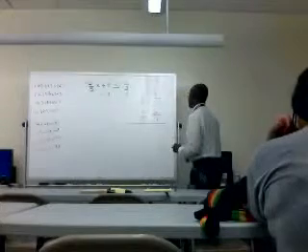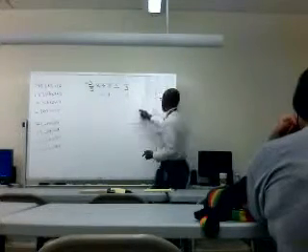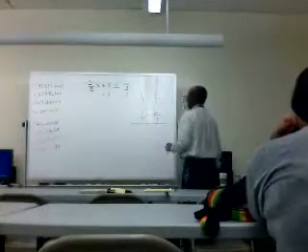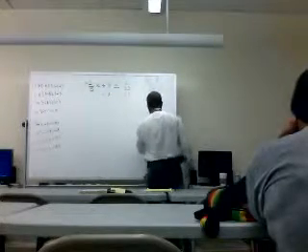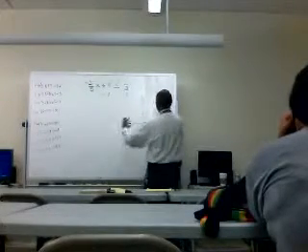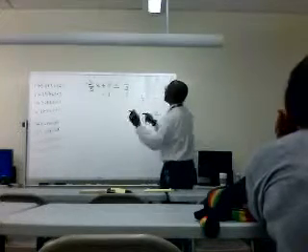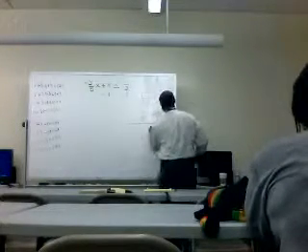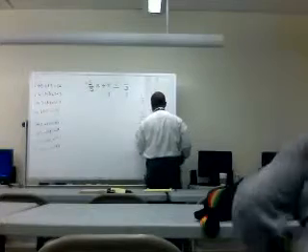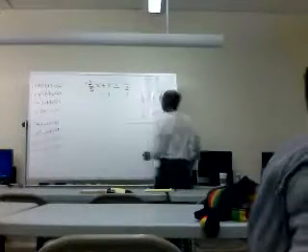Okay? 1 minus 24 will give us a negative 23, right? Negative 23/3.